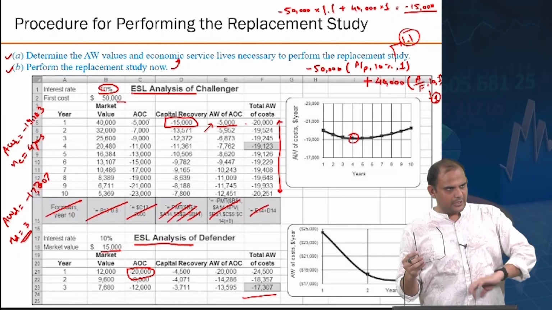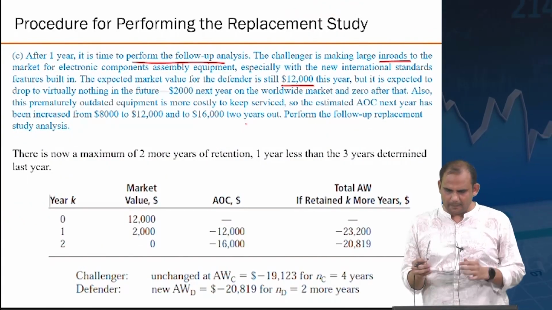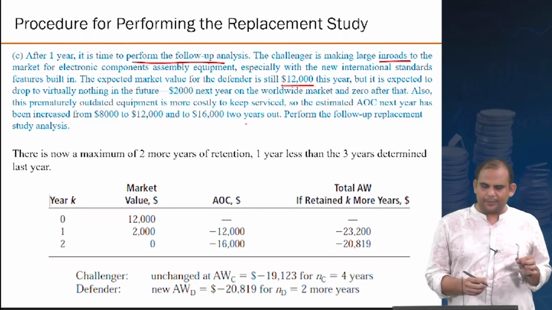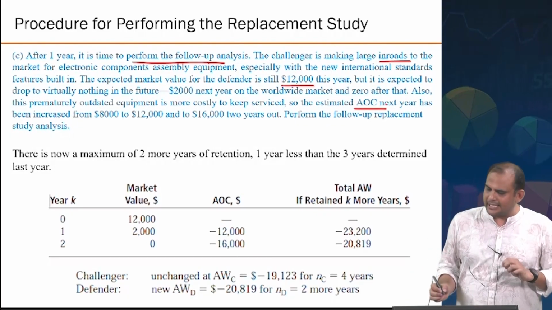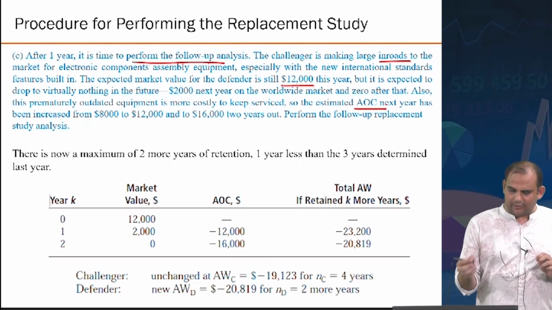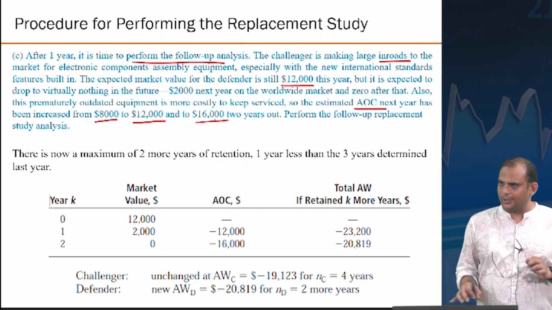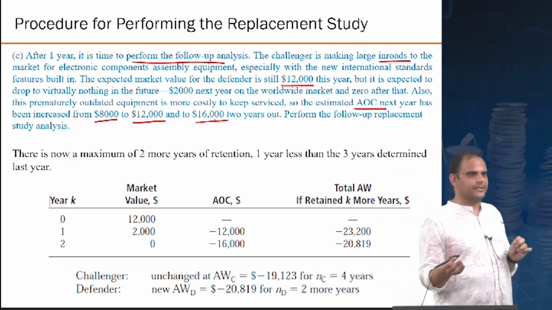Still 12,000, but then 2,000 and then zero immediately, right? Also, the prematurely outdated equipment is more costly to keep in service, so the estimated AOC next year has been increased from 8,000 to 12,000 and 16,000 2 years out. Perform the follow-up replacement study.